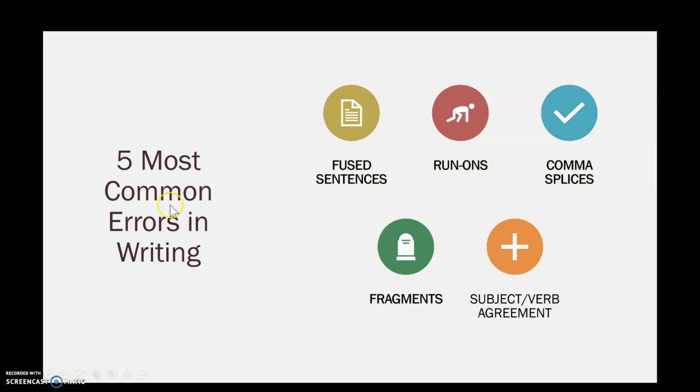So, the 5 most common errors in writing are fused sentences, run-ons, comma splices, fragments, and subject-verb agreement. You'll note that 4 of the 5 are bolded, and that's because those 4 have to do with sentence structure. Subject-verb agreement has to do with making sure that the subject and the verb match.